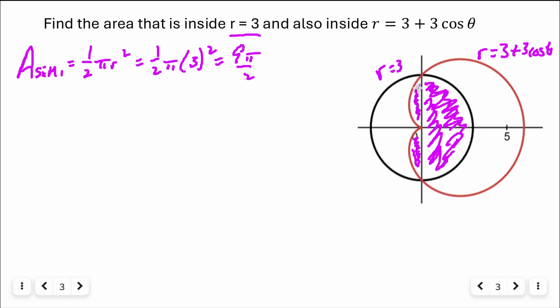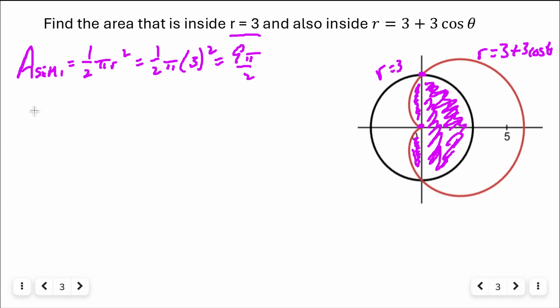Well, to figure out this little area, I need to know two things. I need to know where these two curves meet and where this curve has a value of r equals 0.